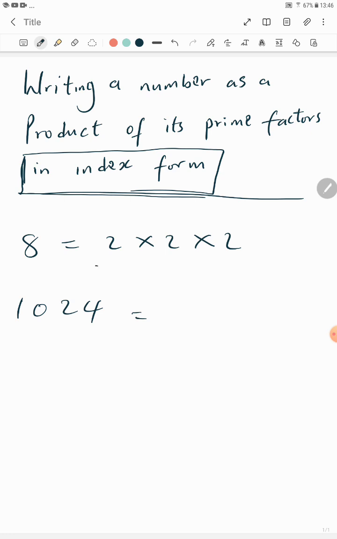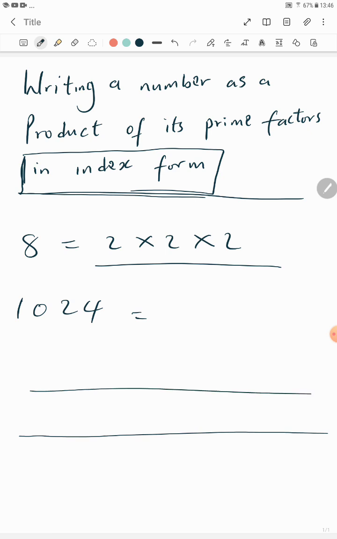Let's say we have 2 multiplied by 2 a hundred times. Are we going to continue writing 2 times 2 times 2, taking up space, up to 100 times?